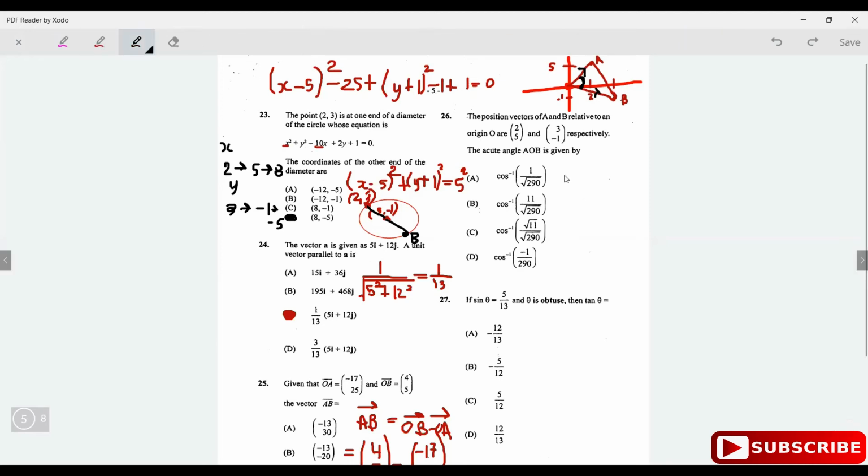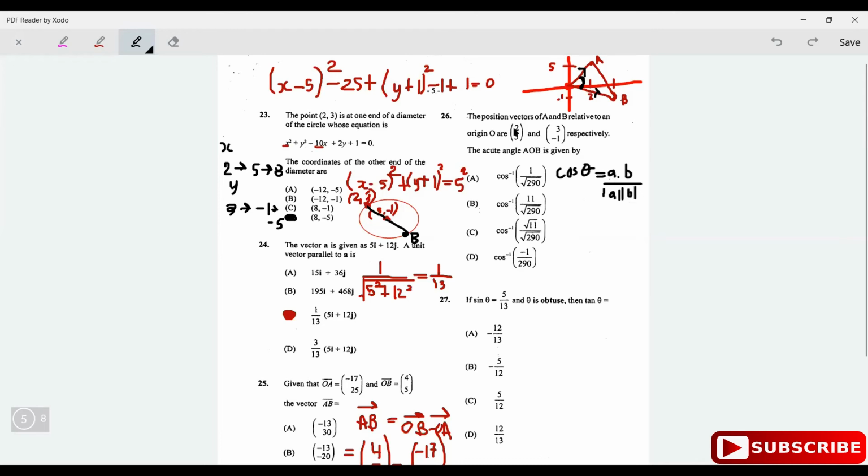So first thing we have to remember is that the cos of the angle, I'm calling it theta, is equal to A dot B over the magnitude of A times the magnitude of B. That's how we're going to find cos of the angle.